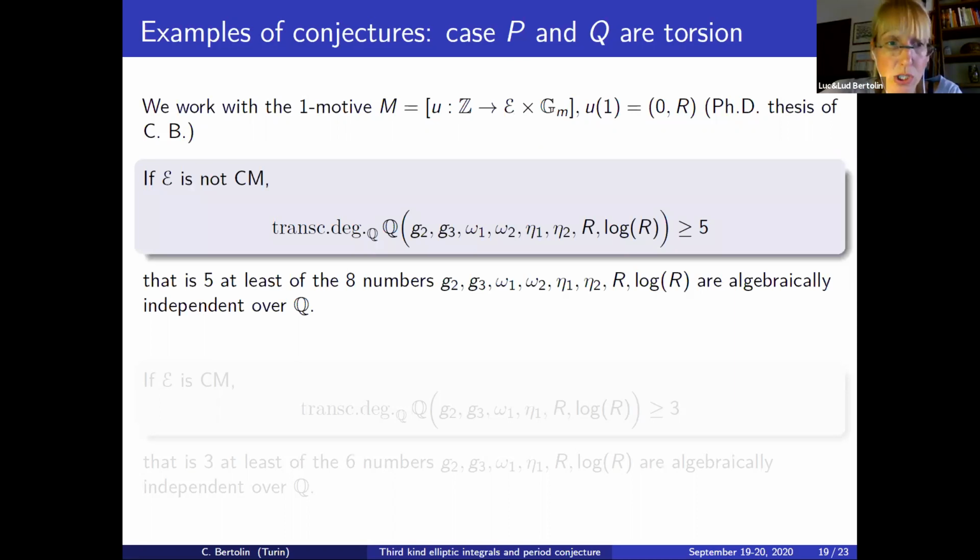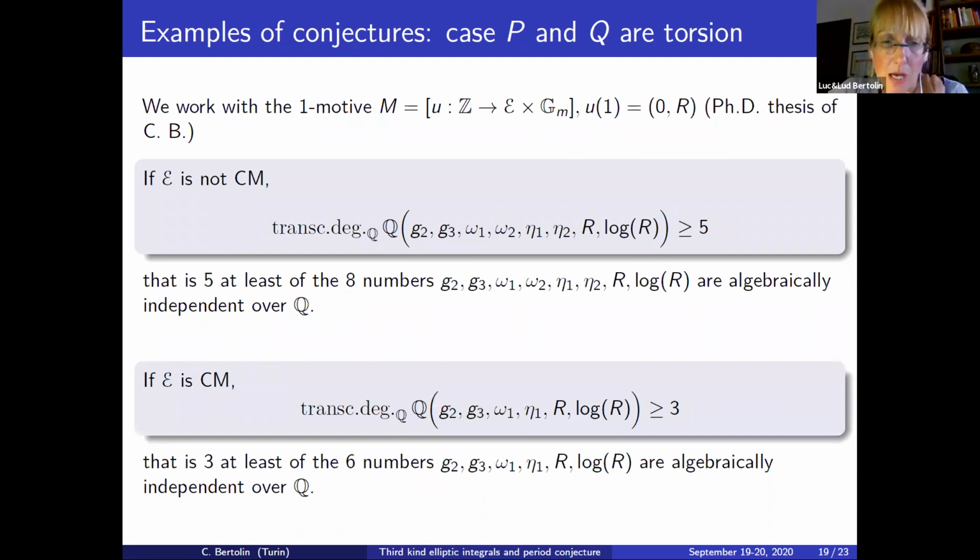So if E is not CM, at least 5 of the 8 numbers g2, g3, omega 1, omega 2, eta 1, eta 2, R, log R are algebraically independent over Q. This log R is really the usual logarithm because the point R lives in G_m. So it is the inverse map of the classical exponential. If E is not CM, 3 of the 6 numbers g2, g3, omega 1, eta 1, R, log R are algebraically independent over Q.